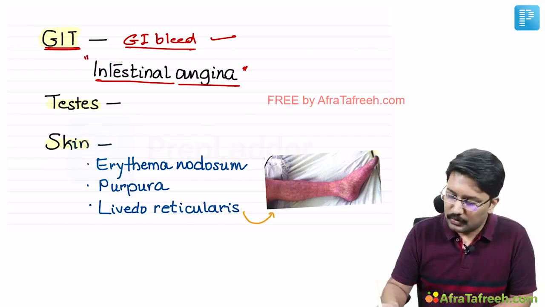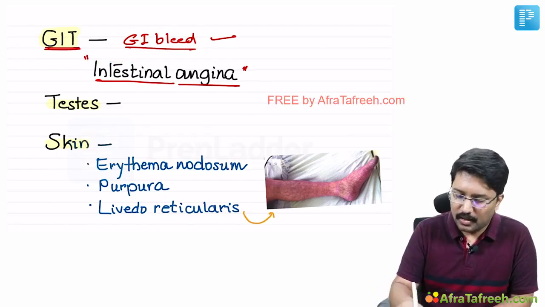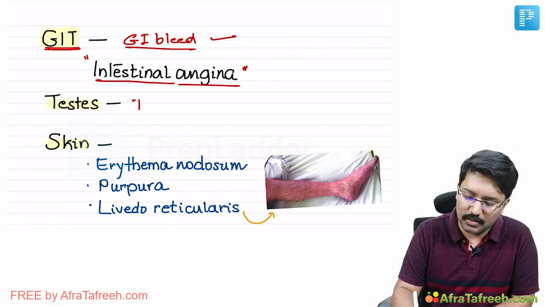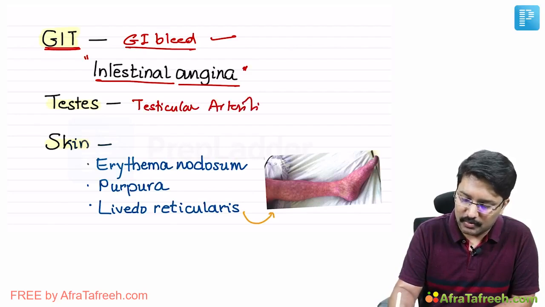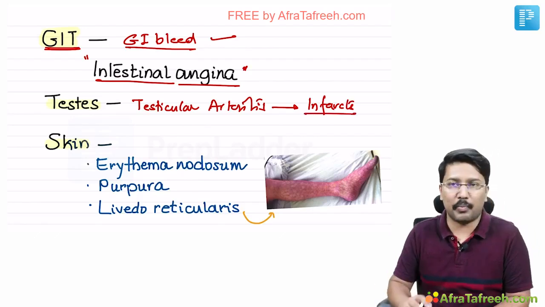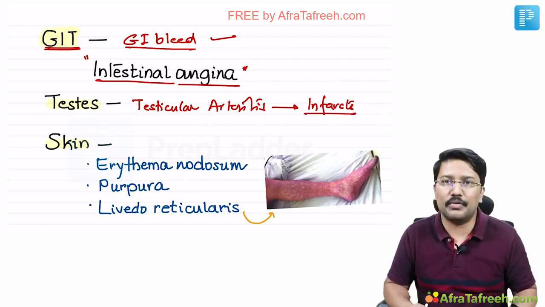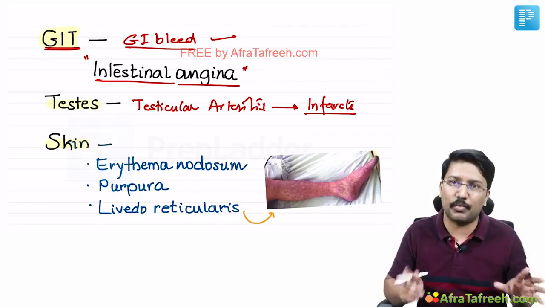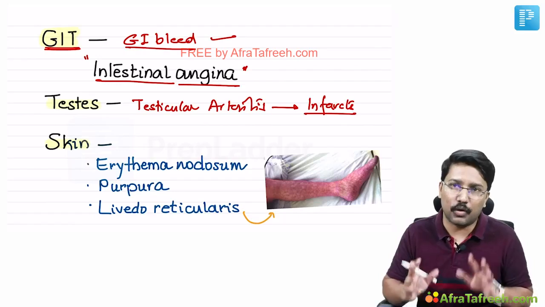Now there can also be involvement of the testicular artery. Patients very often present with testicular pain because of testicular infarcts. Testicular arteritis is known to occur in these patients, which causes infarcts in the testis, and patients present with testicular pain. I have seen a lot of MCQs that mention testicular pain as one of the complaints, so that should be taken as a potential clue for the diagnosis of polyarteritis nodosa.